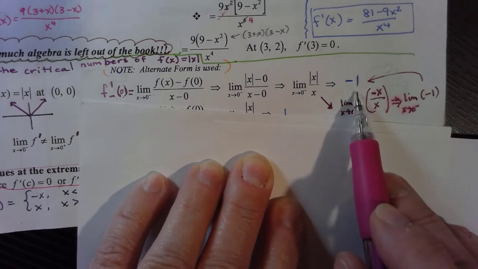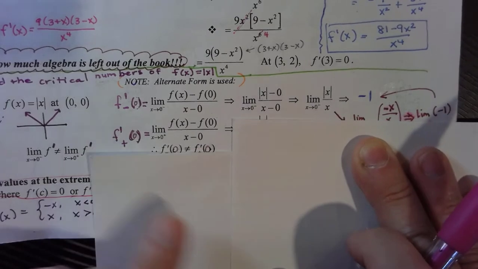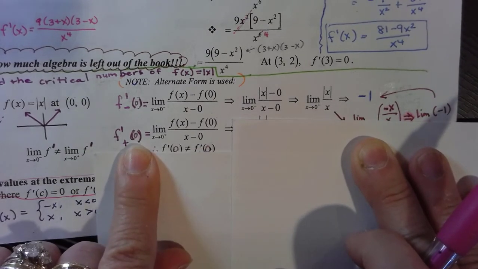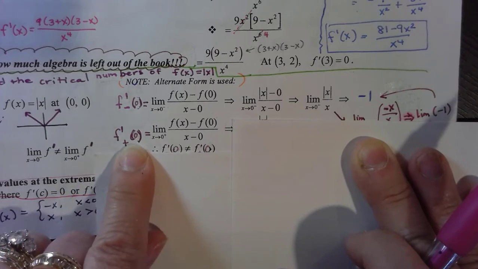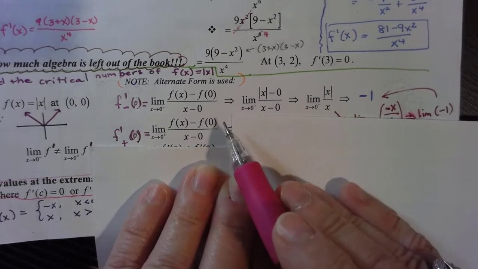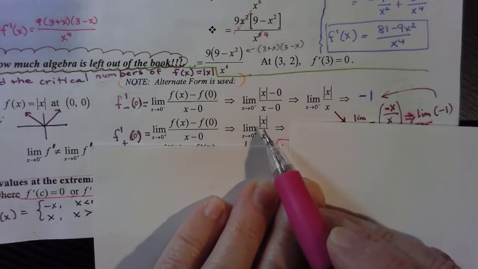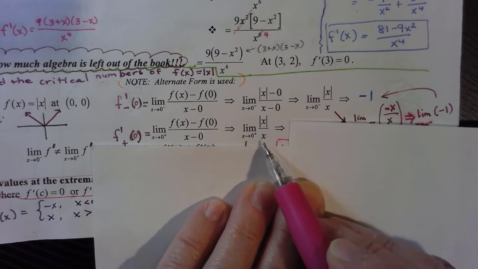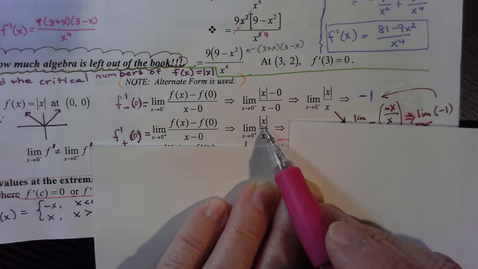Now let's look at the limit as x goes to 0 from the right. Okay, we're going to take our derivative from the right side of 0. The limit as x goes to 0 from the right of f of x minus f of 0 over x minus 0. Here is our f of x minus f of 0 over x minus 0. As we come to 0 from the right, the quantity inside the bars is not negative.